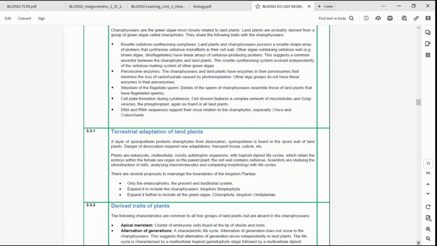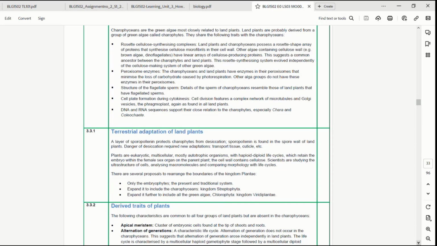Plants are eukaryotes, multicellular, mostly autotrophic organisms with a haploid-diploid life cycle, which retain the embryo within the female sex organ on the parent plant, and the cell wall contains cellulose. Scientists are studying the structures of cells, analyzing the macromolecules, and comparing the morphology with life cycles.